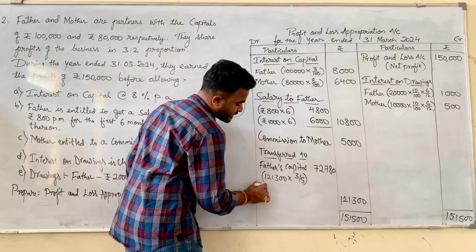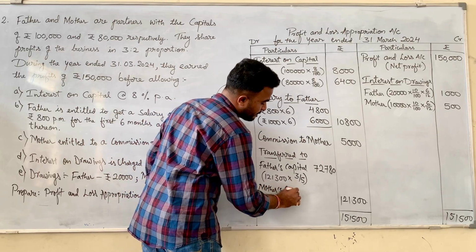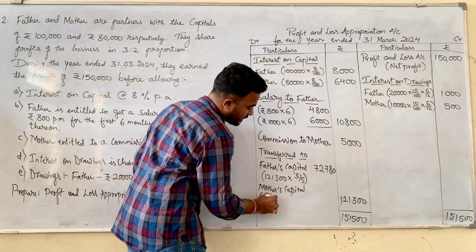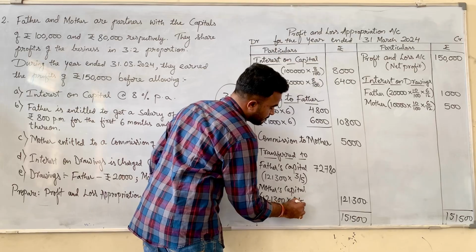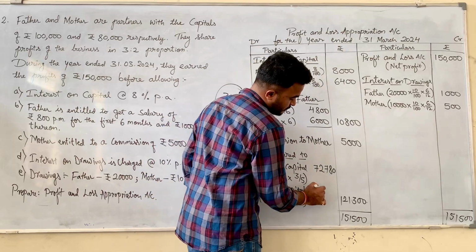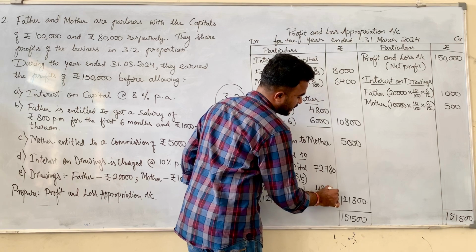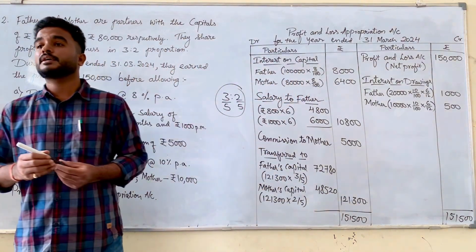Next, mother's capital. 1,21,300 into 2 by 5, which is equals to 48,520. And if we add these two, it will be equals to 1,21,300.